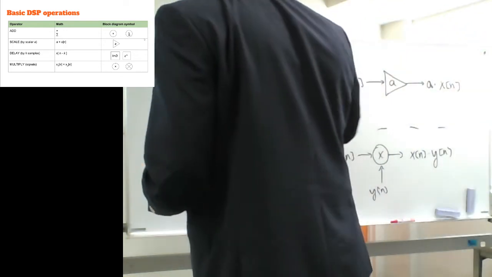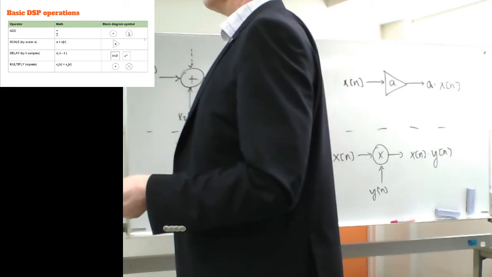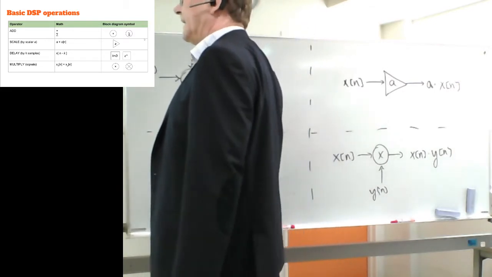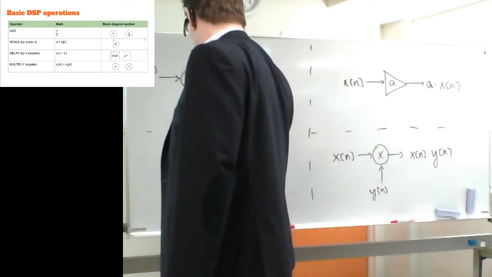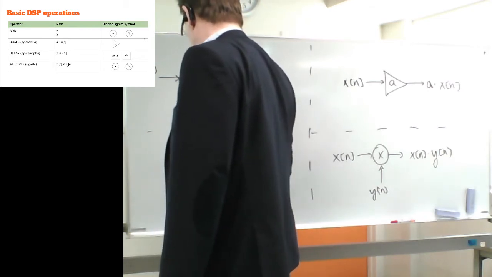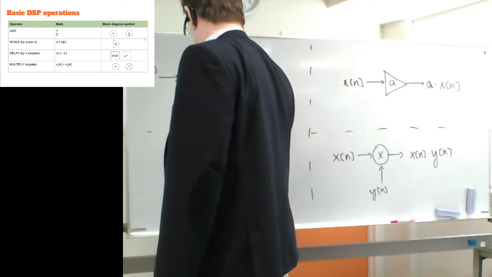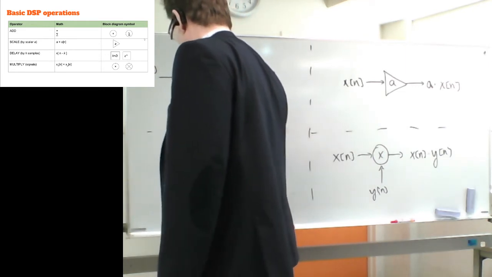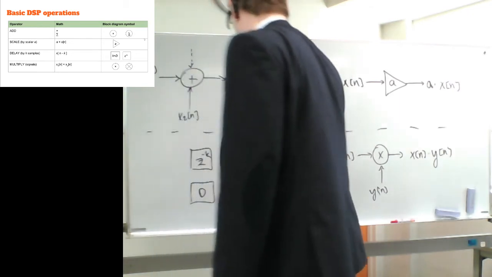All right, so then we have this time delay operation, and basically there are two different signs for it. One is z to the minus k. Another one is delay.